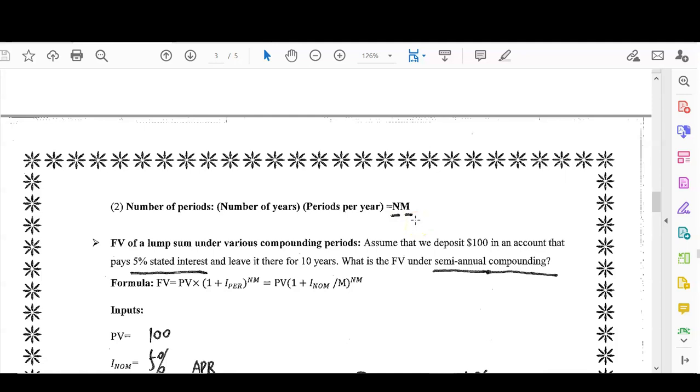If it's quarterly compounding, then we use 3 years multiplied by 4. So we have 12 periods. If it's monthly compounding of 3 years, then we use 3 multiplied by 12. So we have 36 as our total months or total periods.